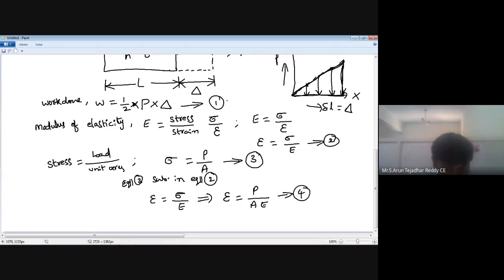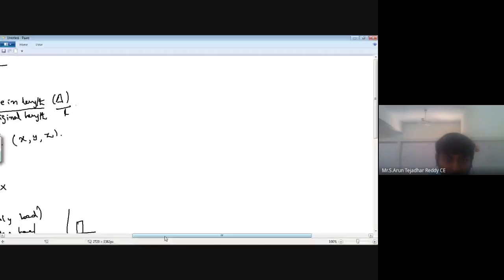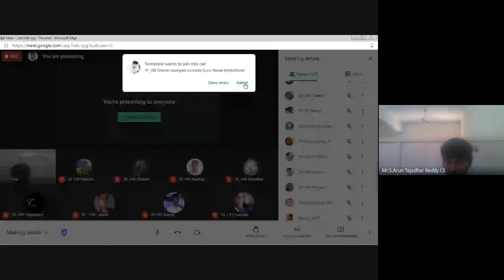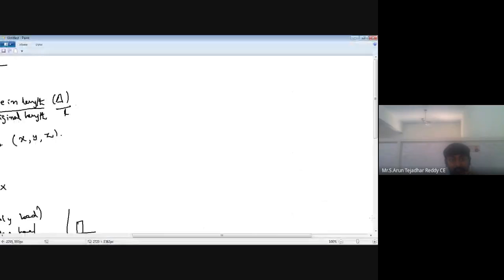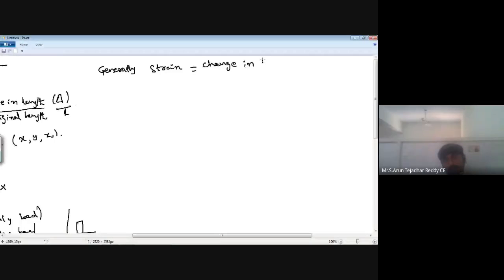And generally, what is the strain formula? Strain is equal to change in length by original length.